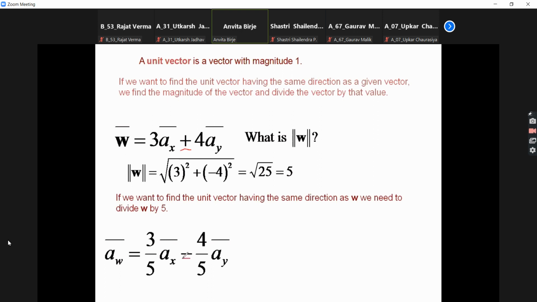When you do this, यहाँ पे square जब भी करते हो तभी ये positive ही होगा. Okay, so 3 by 5 a bar x minus 4 by 5 a bar y. Now ये जो unit vector है इसका अगर आप magnitude calculate करोगे then you will find that the magnitude का value आता है 1.